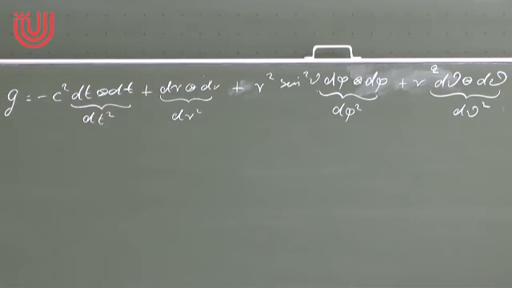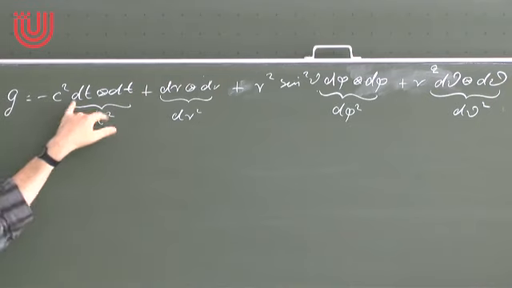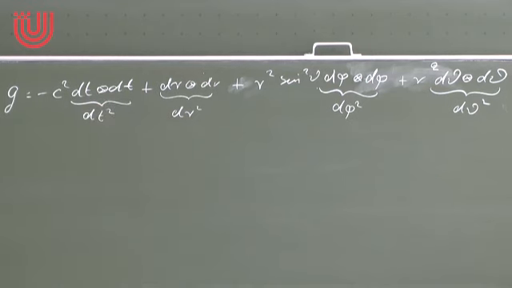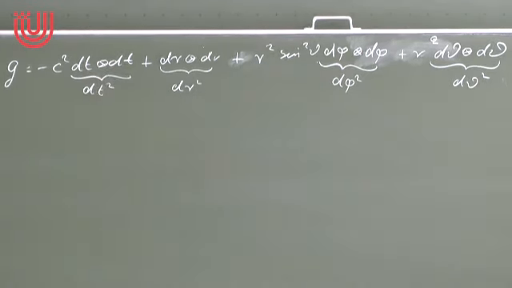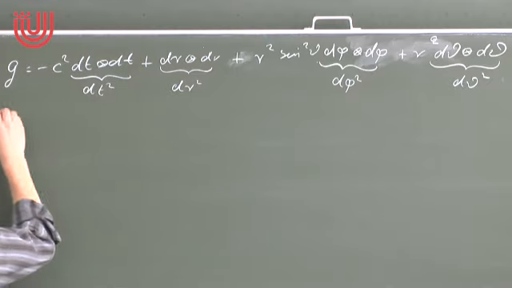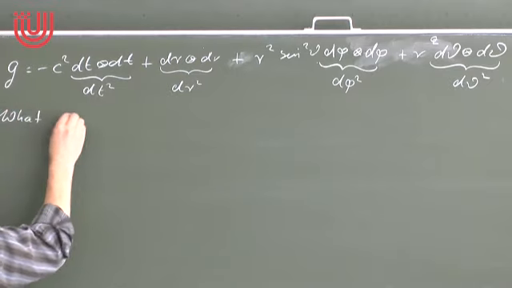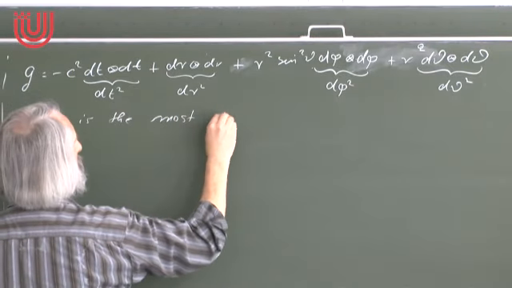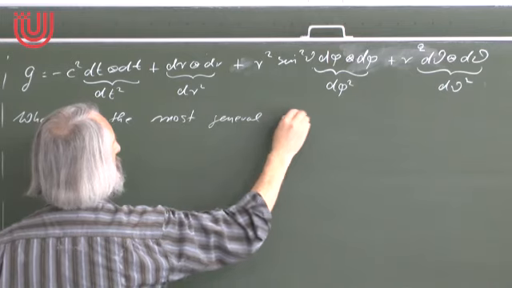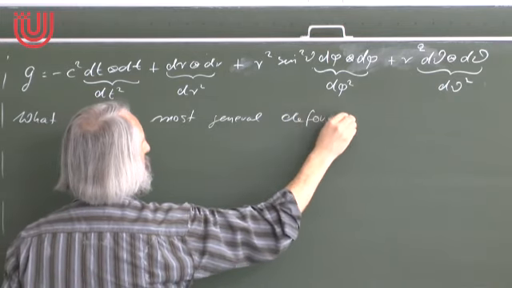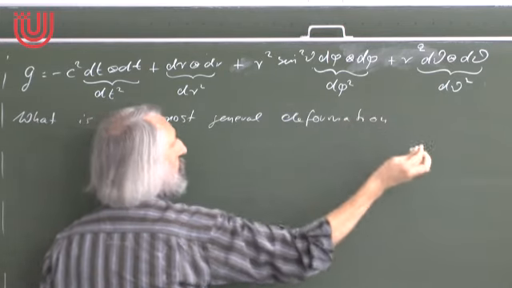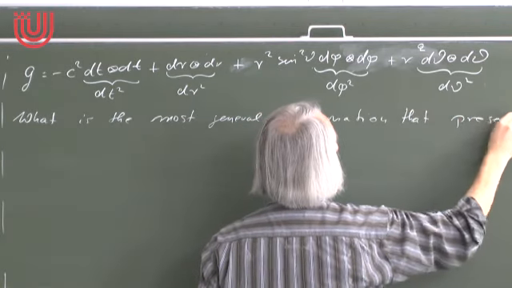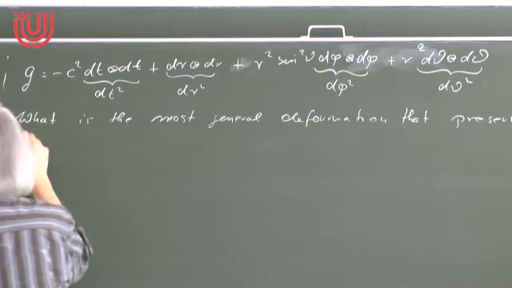And I can also bring in some mixed terms where different covector fields are multiplied with each other. And we have to think about which sort of mixed terms I can bring in. So what is the most general deformation, if you allow me to call it this way, that preserves spherical symmetry?